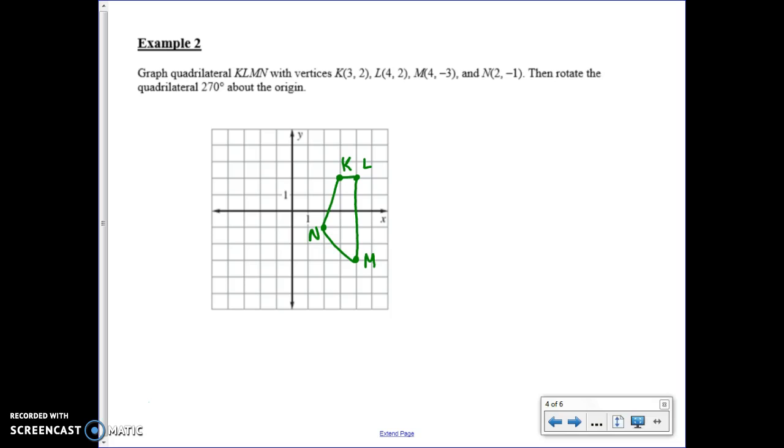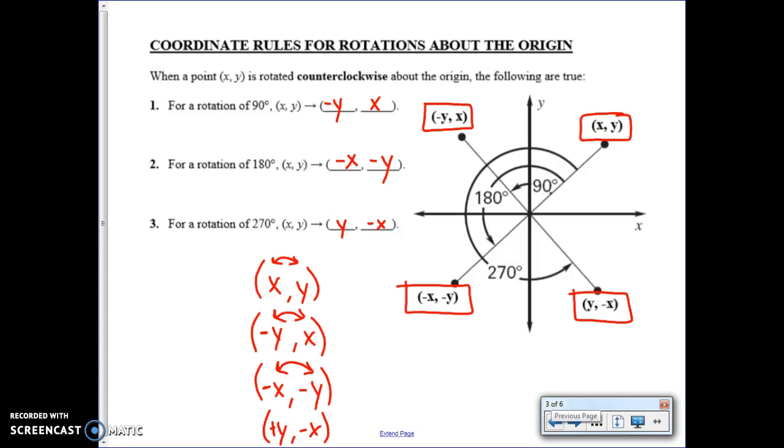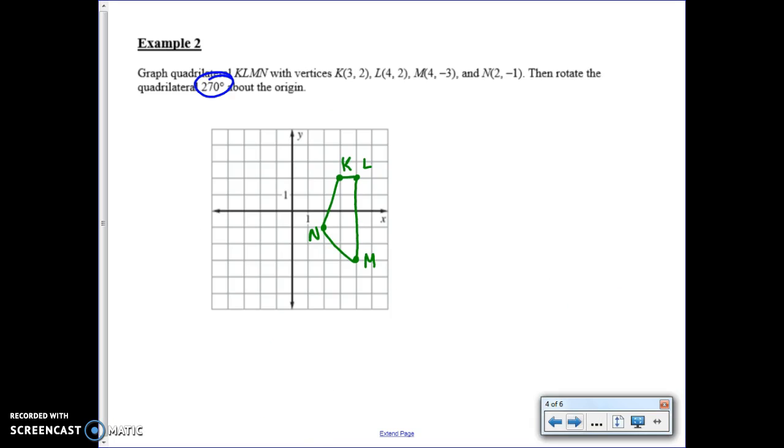Now it says to rotate it 270 degrees. And so you can go back and look at your rule, but this is something you should have memorized. And your rule tells you that it's Y, opposite of X. So that means K prime, I need to switch their places. So 2 was my Y value, and then 3 was my X value, so now it's going to be the opposite of 3.